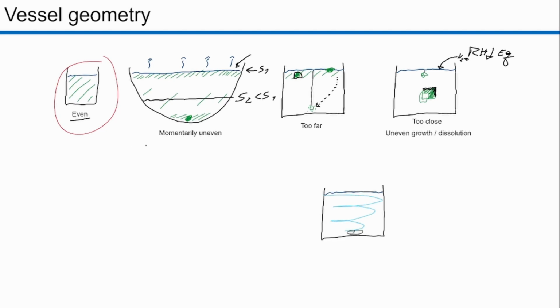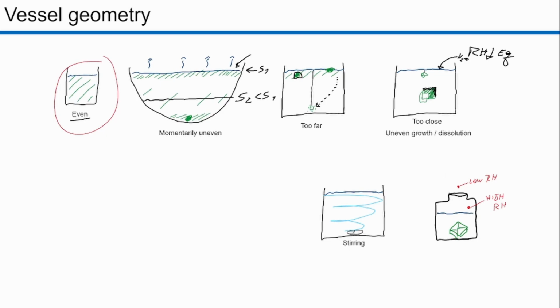You might achieve an even better distribution with stirring, like with magnet stirring. I'm still testing this out, so I don't have much information on it. Also, be aware that the shape of your vessel might change your relative humidity in the vicinity.